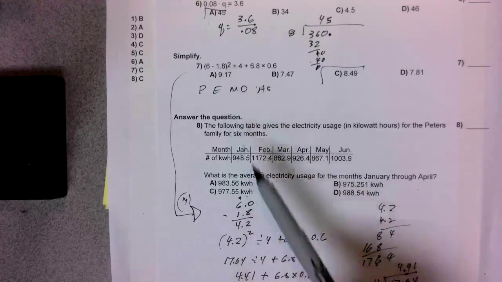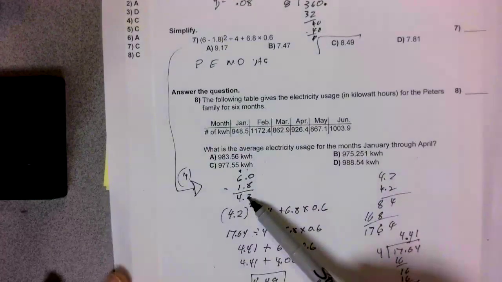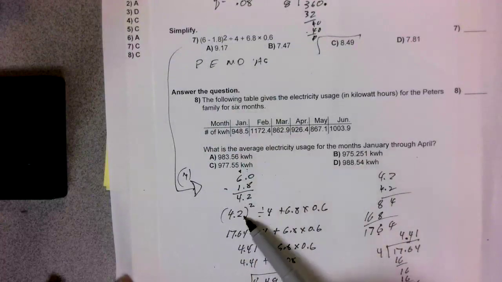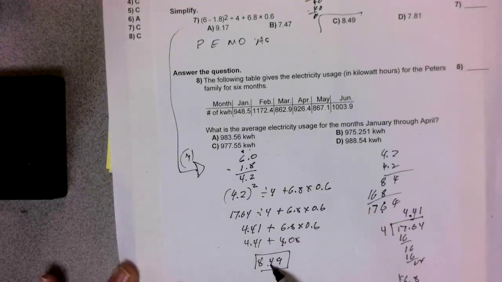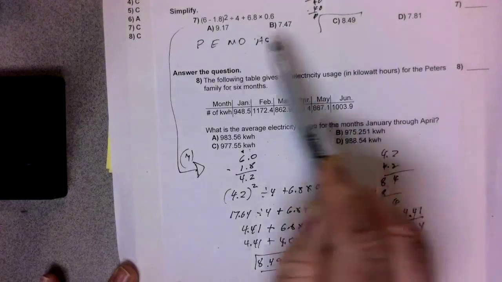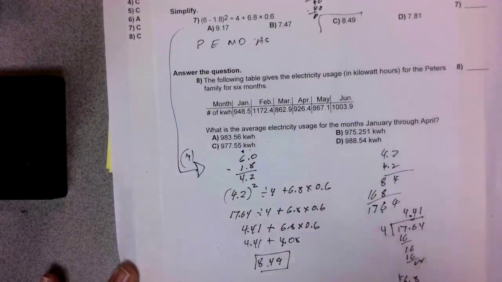We did this subtraction first, and we got 4.2. We then squared it and got this. Then we do the division next and get 4.41. Then we do this multiplication and get 4.08, and then add them together and get 8.49. And so the answer to 7 was, in fact, C, which is 8.49.